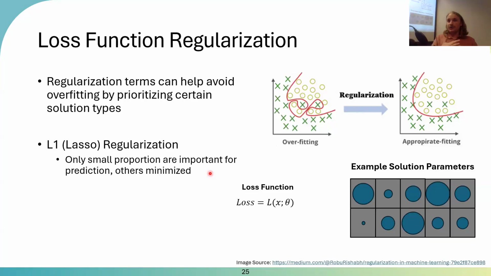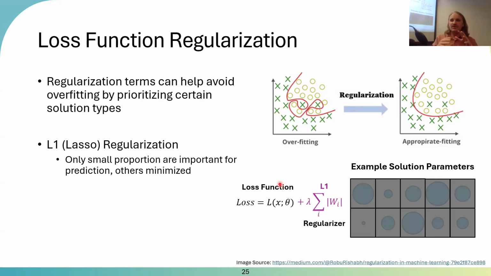One type of regularization we could introduce is called L1 or lasso, where we assume that only a small proportion of the parameters in our model are important for making predictions, so we would minimize the other ones. Mathematically, it would be represented by this term shown right here. We have a lambda, which just tells us the strength of this regularization.